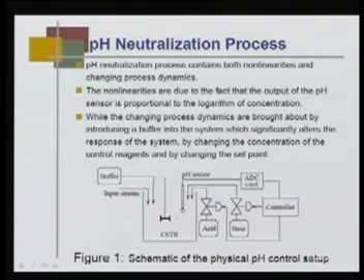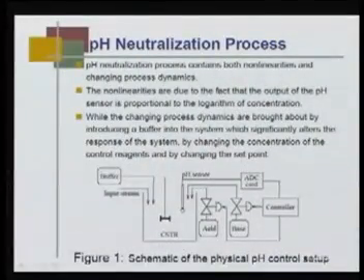Once buffer is added to this liquid, even if you are adding externally some acid or base to neutralize the pH, the buffer has the capability to absorb the acid or base, so that even if you keep adding more and more base or acid, the pH does not change, depending on whether it is an acidic buffer or alkaline buffer.